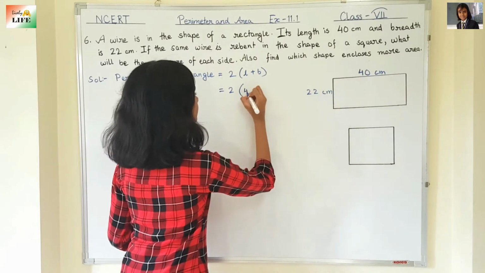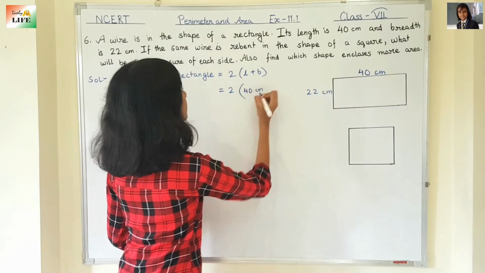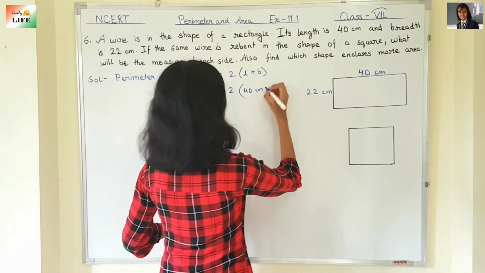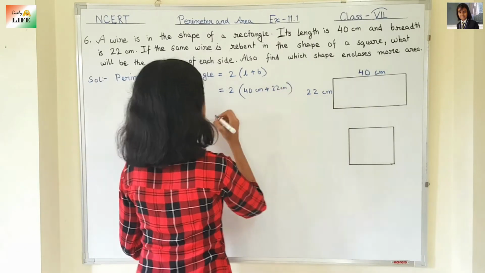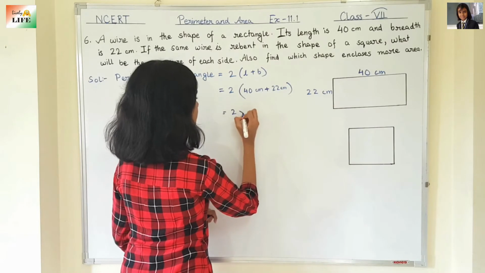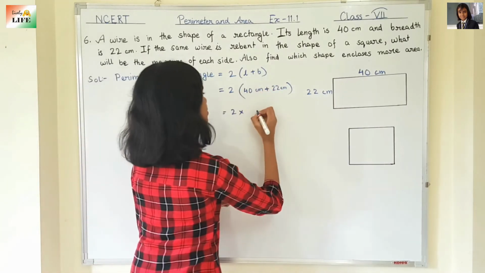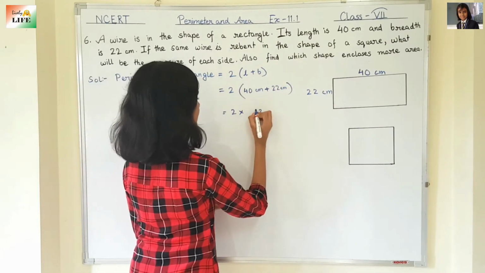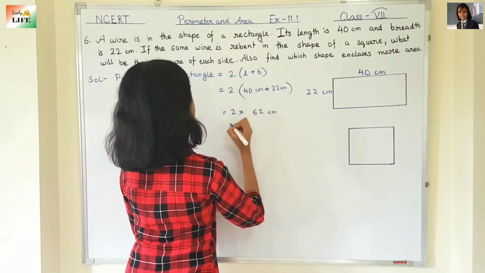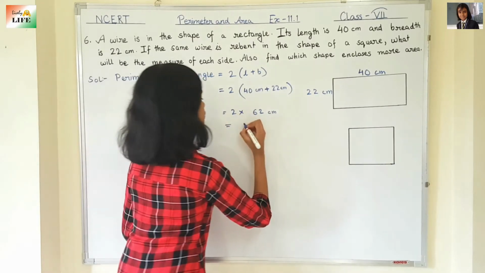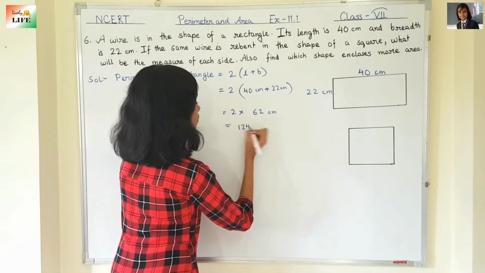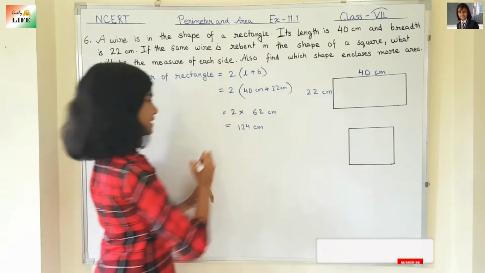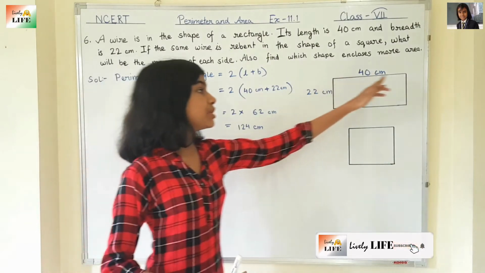It is 40 centimeter and what is the breadth? It is 22 centimeter. Now 2 multiplied by 40 plus 22, 62 centimeter. 2 2s are 4, 6 2s are 12. 124 centimeter. This is the perimeter of the rectangle.